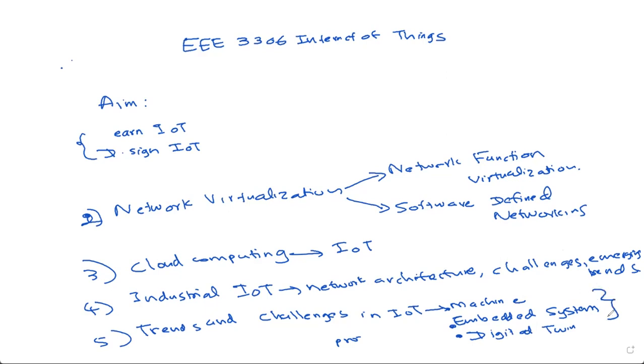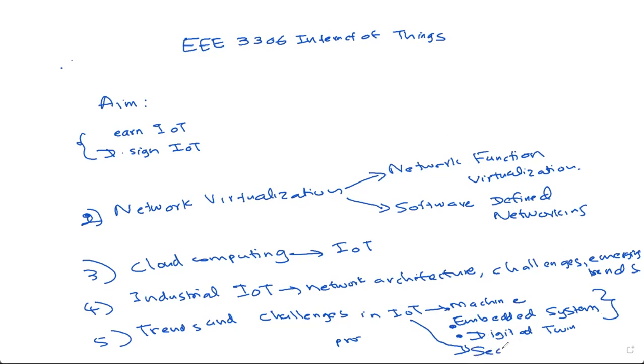These trends we will be discussing, and then we also want to discuss the challenges we regularly face in IoT. As of now, one of the main challenges in IoT is security and privacy.